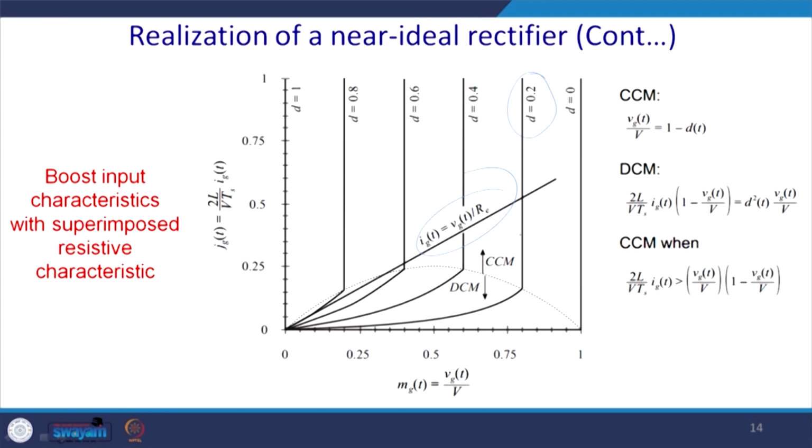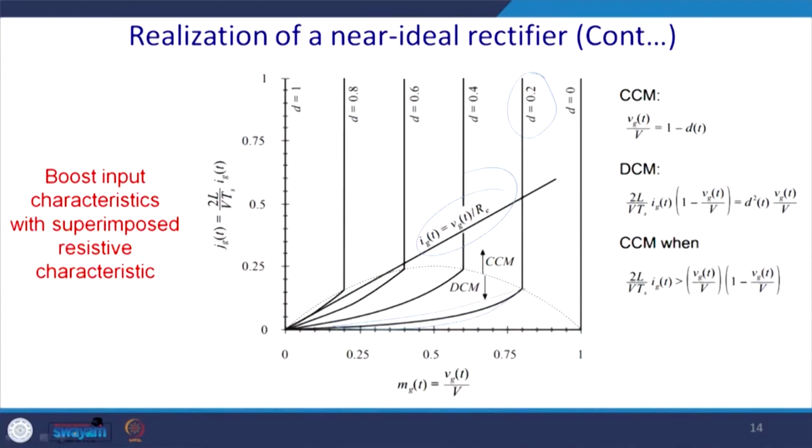In this region it is discontinuous mode, where all those conditions exist. Till this point you are in discontinuous conduction mode, and then the value will cross over. Similarly, if your duty cycle is 0.4, your crossover will occur faster. It is light load, because this is the value of Re.